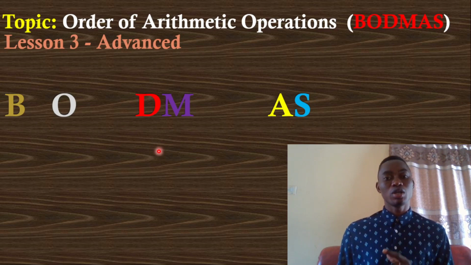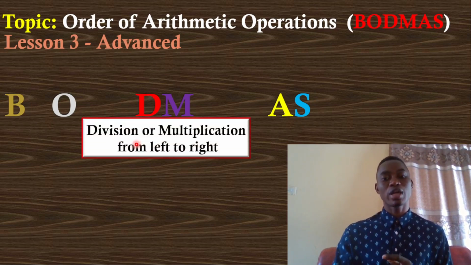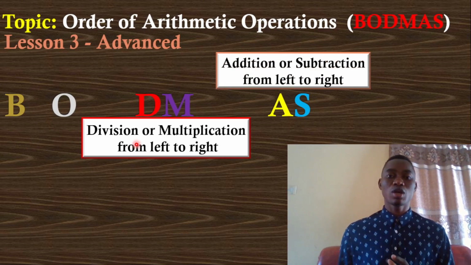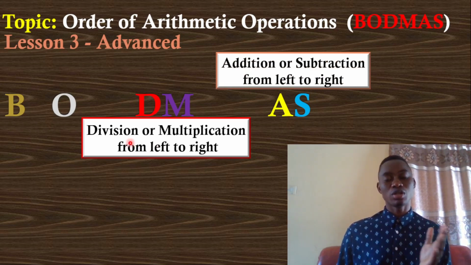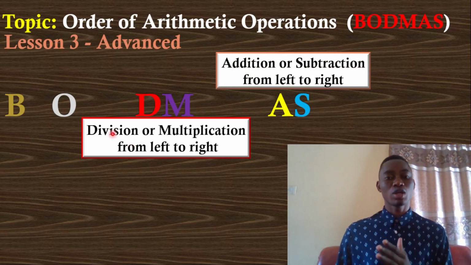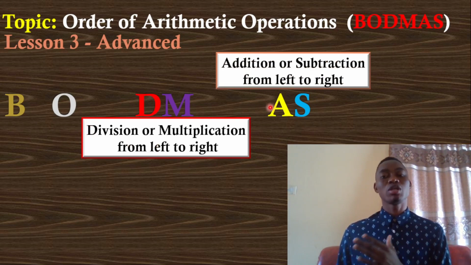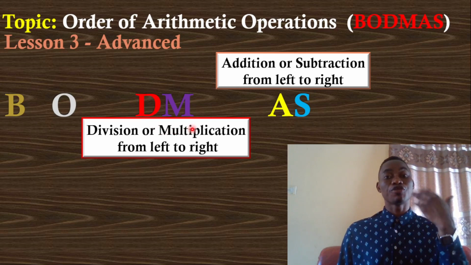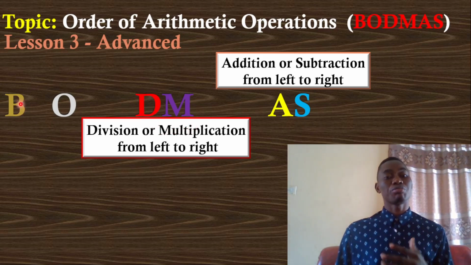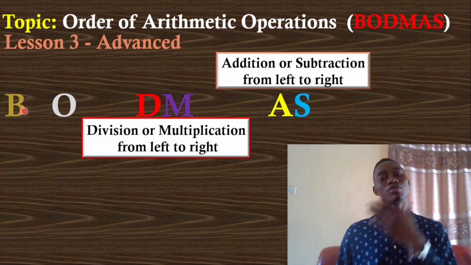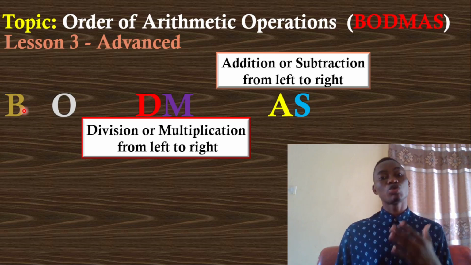Let's look at a quick summary of what we learned in our previous lesson on this topic. In lesson 2, you saw something like this. This is just the BODMAS rule, how BODMAS is being applied. In that lesson, we were informed that bracket is given topmost priority.